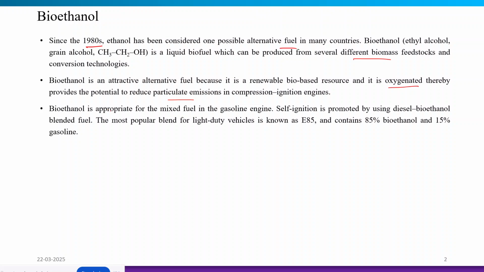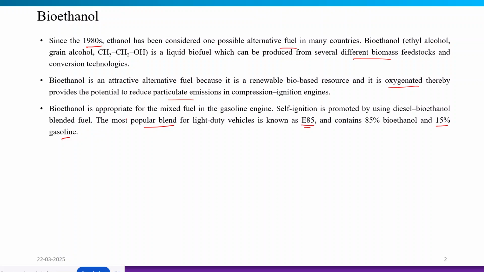Bioethanol is very appropriate for mixing with gasoline in the gasoline engine because the self-ignition property of bioethanol is promoted when blending. A popular blend usually practiced in light duty vehicles is E85, that means 85% bioethanol and the rest 15% gasoline.